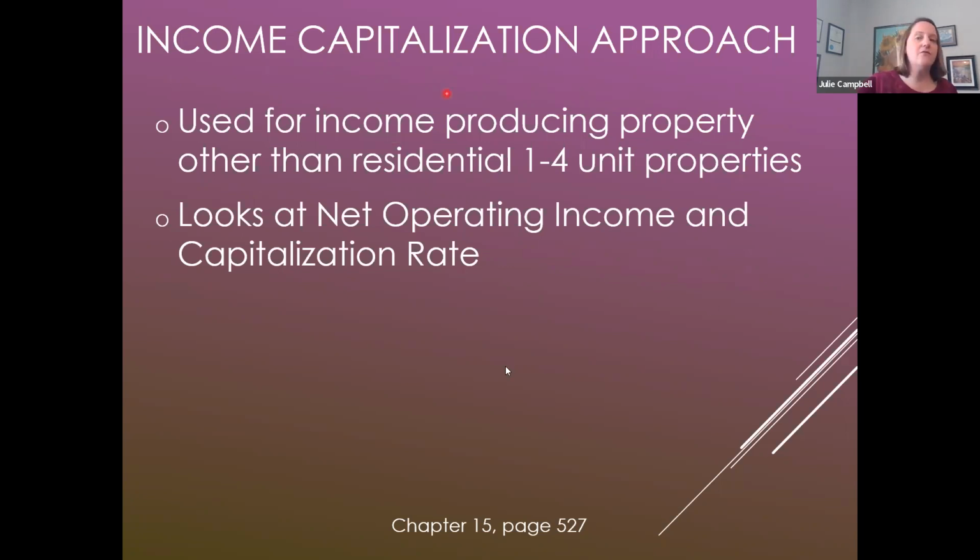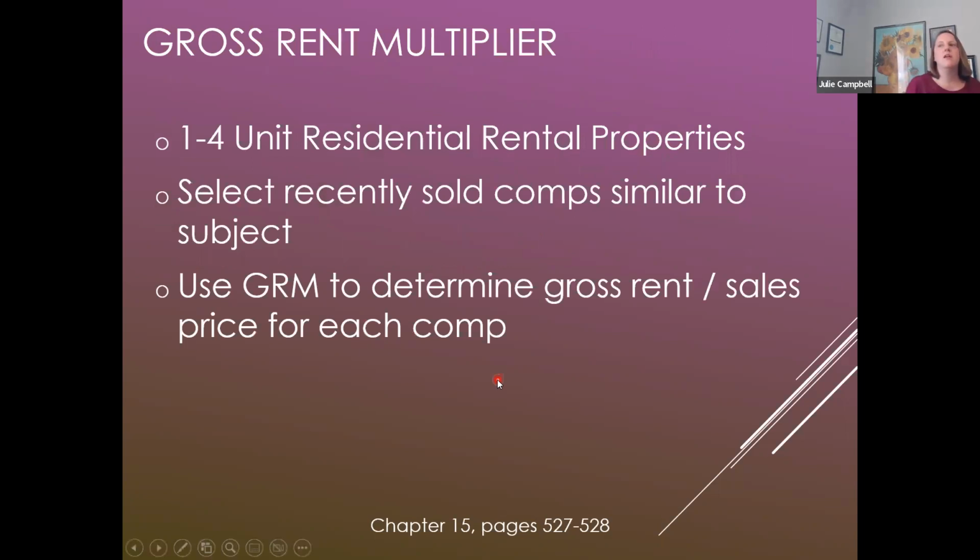Another tool that investors may use is something called the gross rent multiplier, or the GRM, as I like to call it. This also is for 1 to 4 units. It kind of takes the idea of the sales comparison approach. It compares recently sold or recently leased properties, comparing how much rent they're collecting to the sales price.